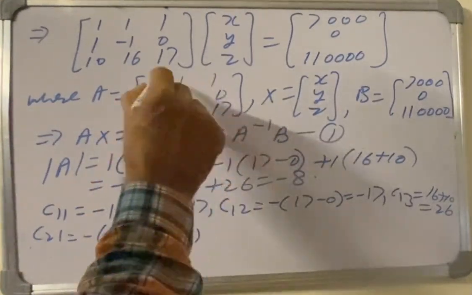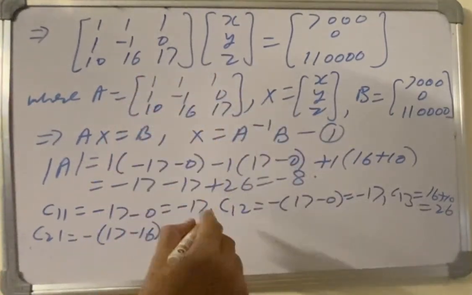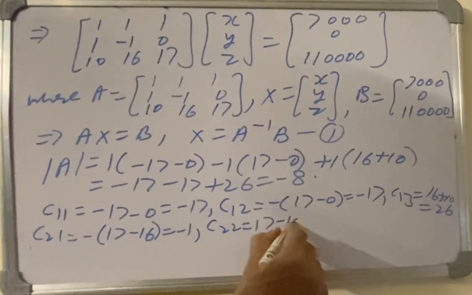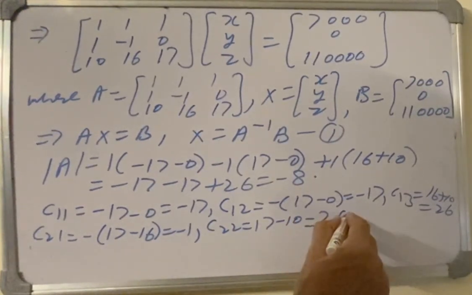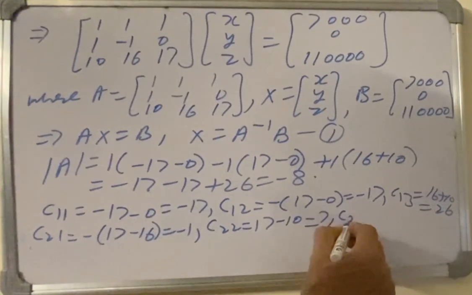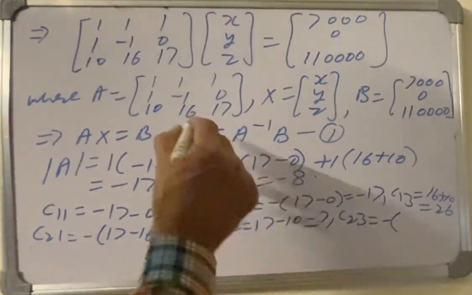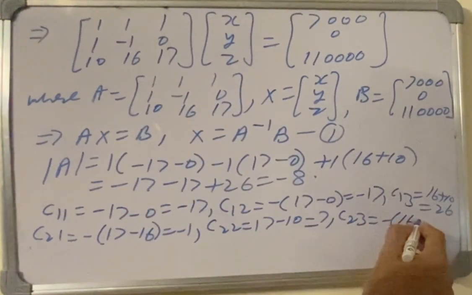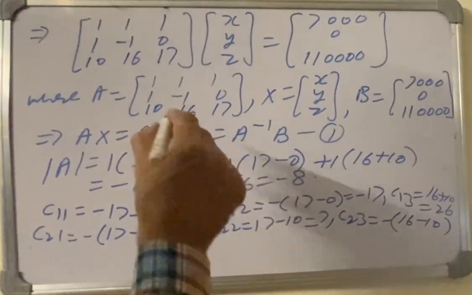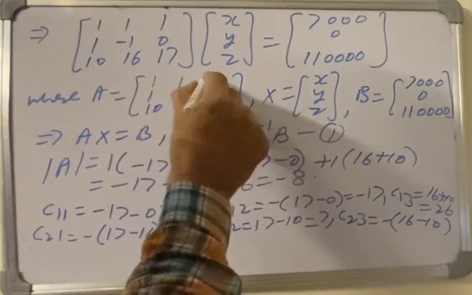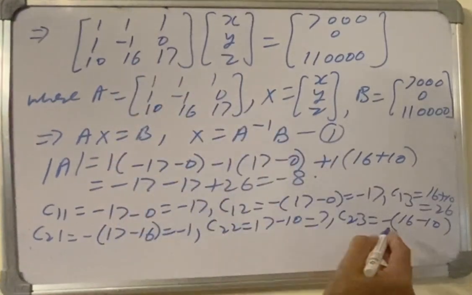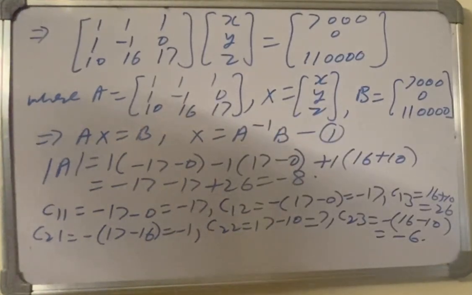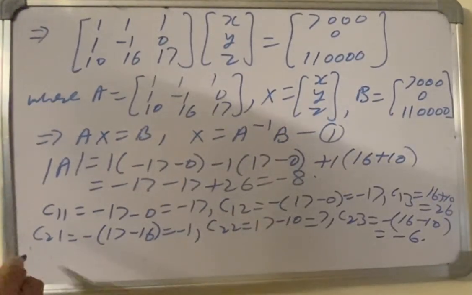Then C22 is 17 minus 10, it is 7. Then C23 is minus of 16 minus 10, which is minus 6.